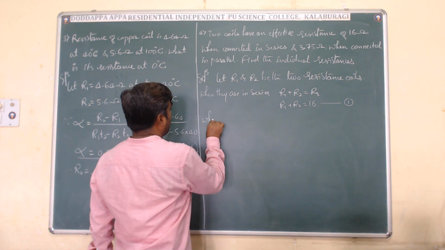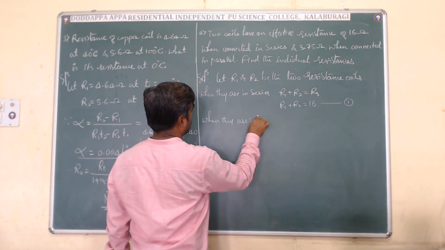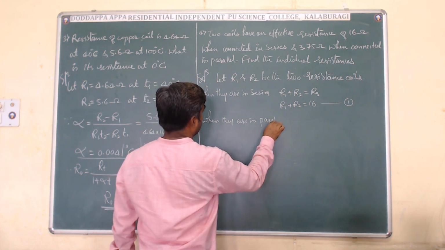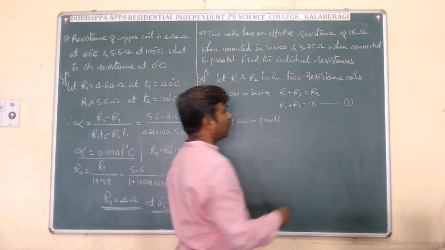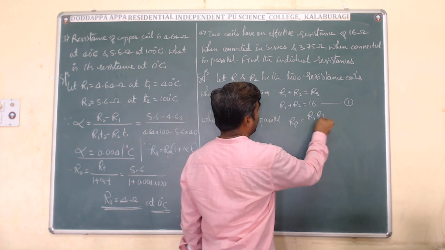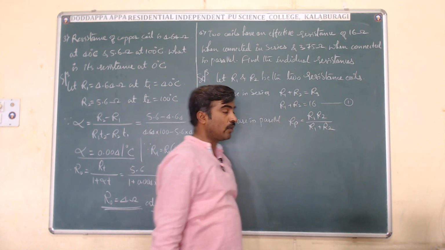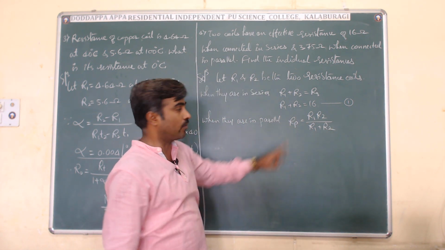Now when they are in parallel, the effective resistance is R1 into R2 divided by R1 plus R2. The effective value is RP, which they have given.